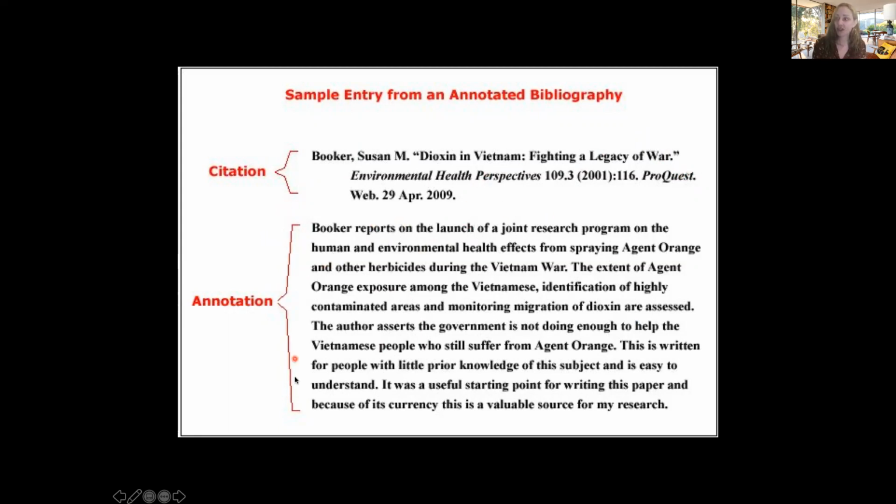The annotation is under the bibliographic citation, and it talks about what the book is about, and then who it is written for: people with prior knowledge of the subject. But in the end, it says it's a useful starting point for writing this paper because it's a valuable source for my research, which is apparently on dioxins or Agent Orange.